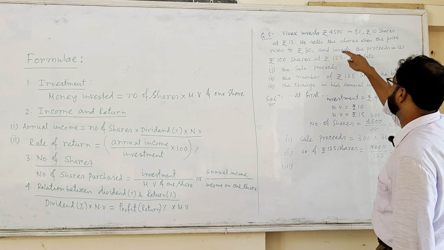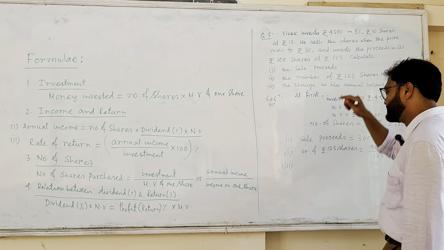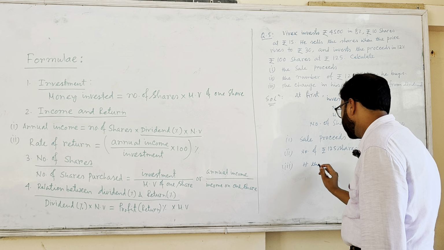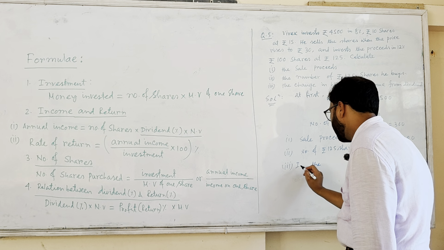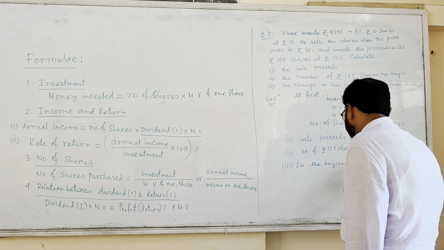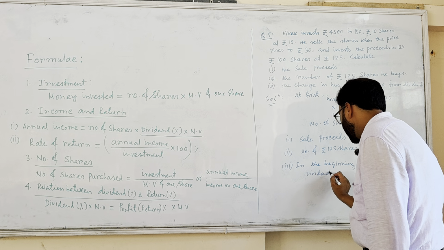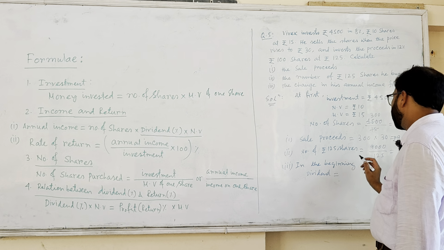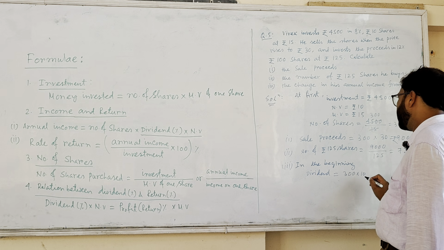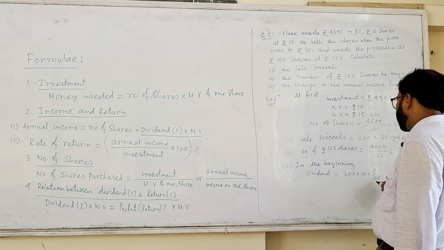In the first case, at the beginning, dividend equals 300 into 10 into 8 by 100.